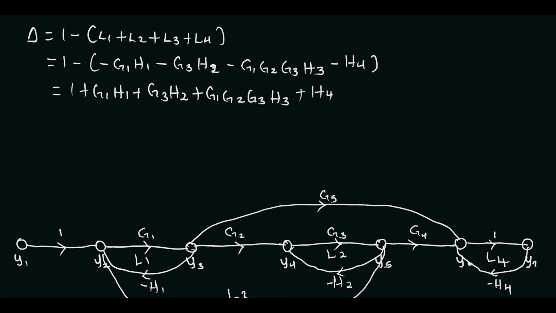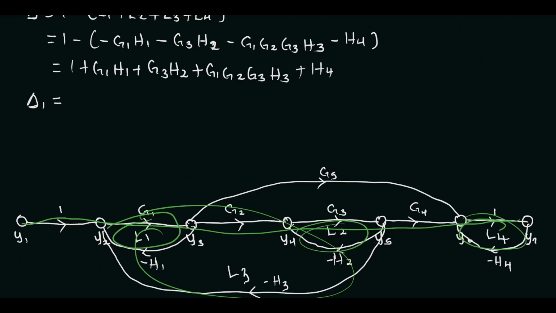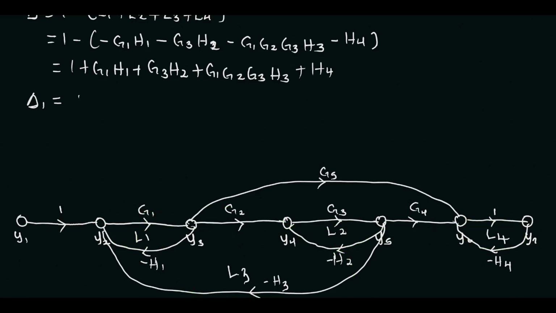Let's now find the determinant for each path. So let's look at the paths. This is our first path. And like I've mentioned in the previous questions, if all the loops are touching the path, the determinant will be equal to 1. Now for your second path, we have a loop that is not touching.